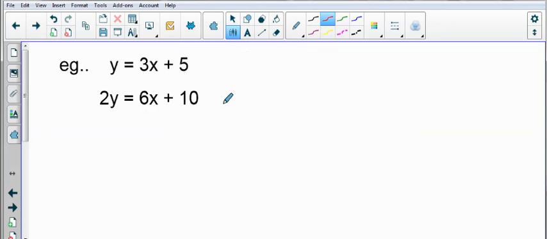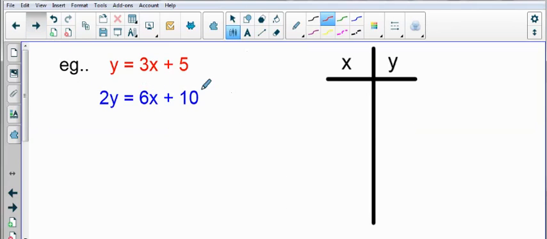But what if they don't look like they have the same slope? Well, you have to have them in y equals mx plus b form. So let's look at those. If x were 0, y would be 5. Same thing here: 2 times what is 10? So on the blue, if x is 0, then y would still be 5 because 2 times 5 is 10.